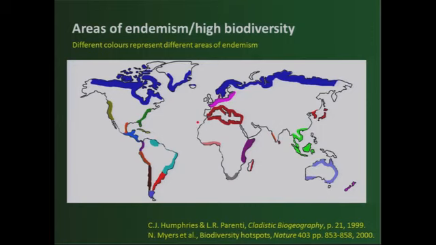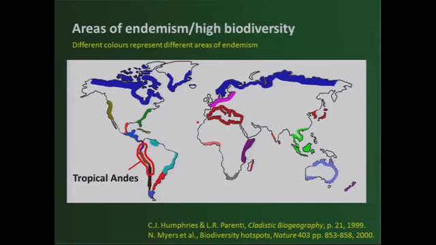And many areas of endemism are coastal regions and islands. For example, the tropical Andes, shown here enclosed in red on the left, is the richest and most diverse plant region on Earth. It contains around 15% of all the world's plant life in less than 1% of the world's land area.